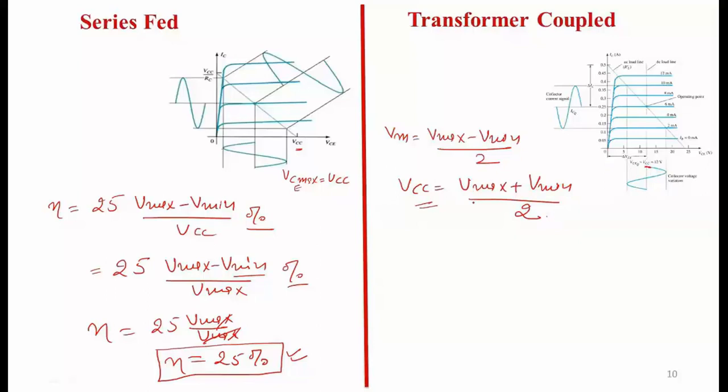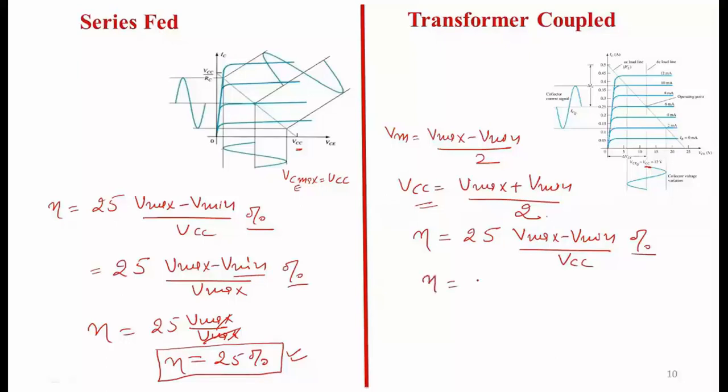So putting into the general expression of maximum efficiency, as we know maximum efficiency is equal to 25 (Vmax minus V minimum) divided by VCC percentage. Here we have found VCC is equal to (Vmax plus V minimum) divided by 2.